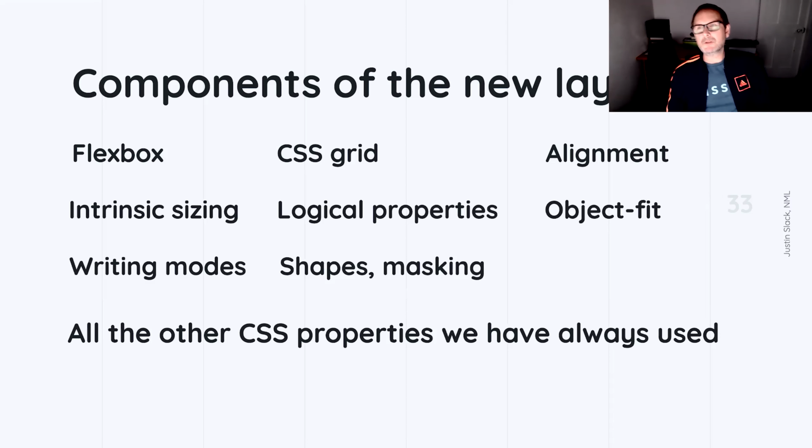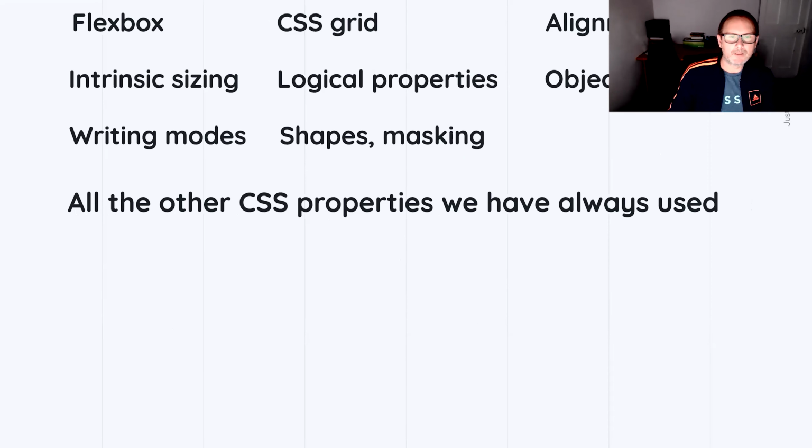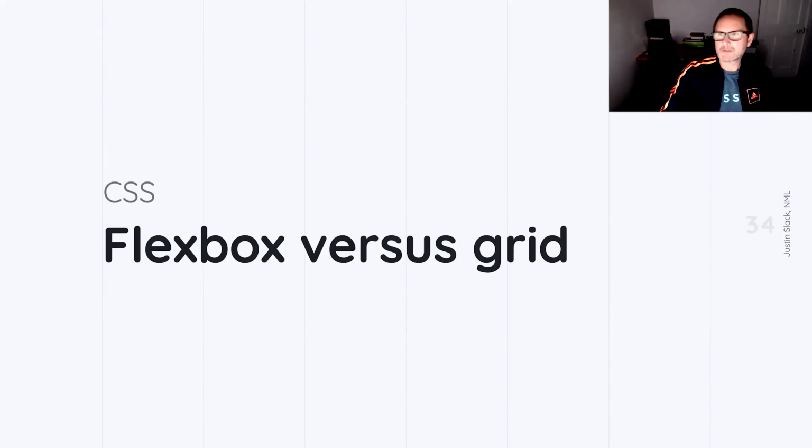So there's nothing stopping you from having a Flexbox element inside a grid container, or a grid element inside a Flexbox container. So they work extremely well together. All right, so let's get into these things. So Flexbox versus grid. I'm saying versus here as in a comparison, not that they are fighting with each other in any way.